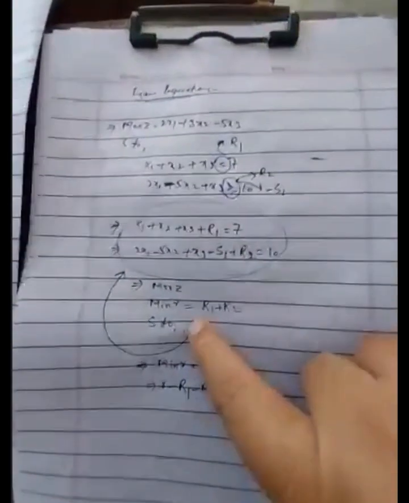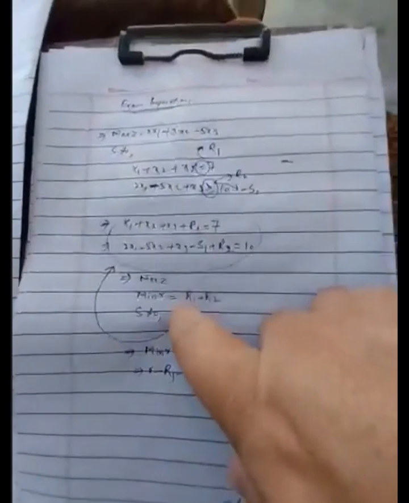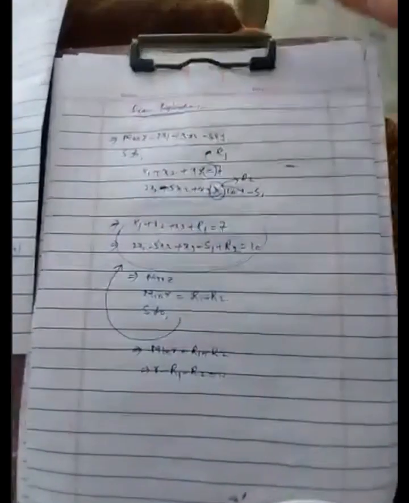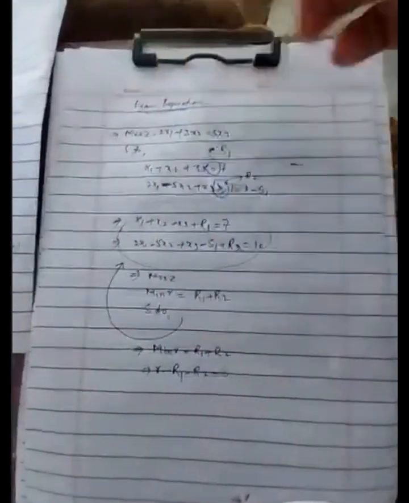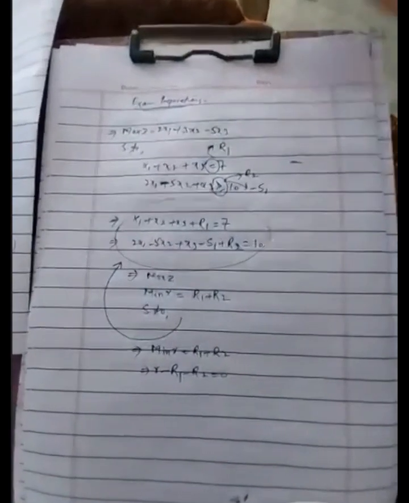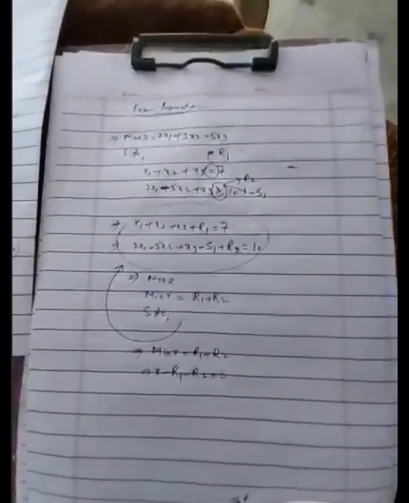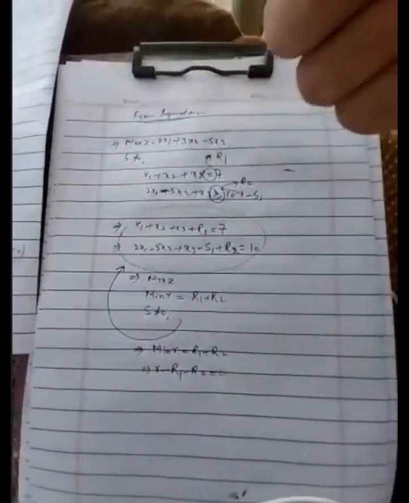This is just an extra step that you want to do in two phase. The first phase is that you want the artificial variables to be 0. Similarly, in the big M method, you want the artificial variables, the M's, to be 0. We did it previously, no?